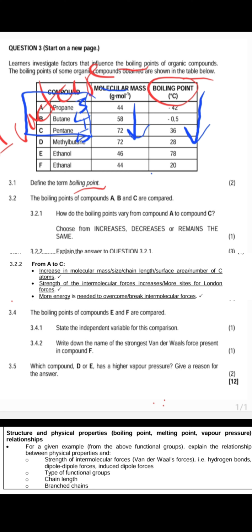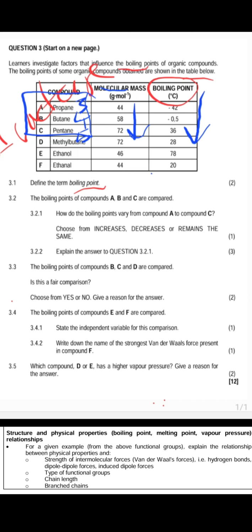So the boiling points of compounds A, B, and C are compared. How do the boiling points vary from A to C? They say choose from increase, decrease, or remains the same. We saw that the boiling points were increasing as we move from A to C. So increase will be the correct solution in this regard.